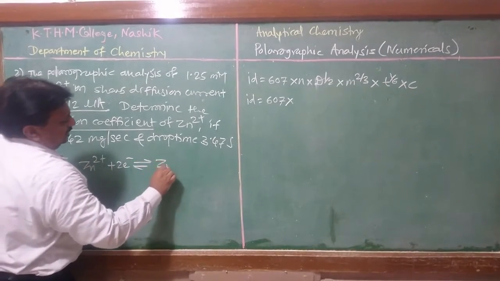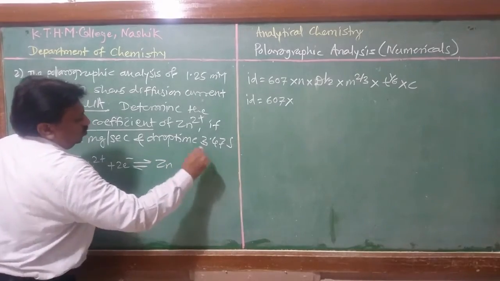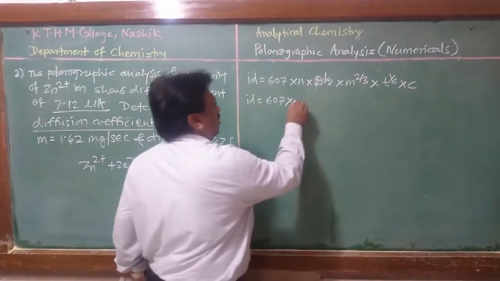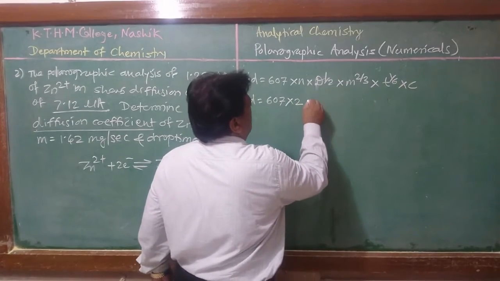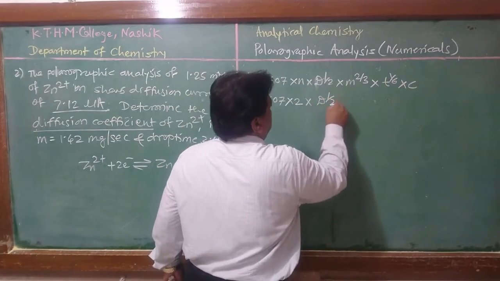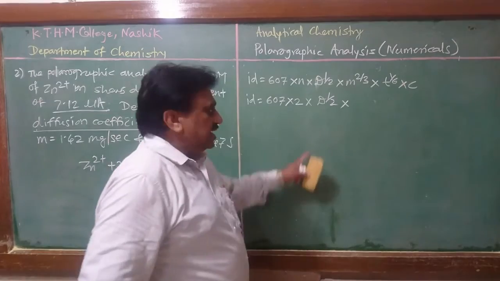It gives zinc metal. Again, n is equal to 2 for zinc, the number of electrons involved in the redox reaction. We have to find out the diffusion coefficient, therefore it remains as it is.